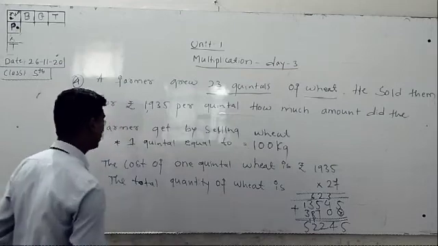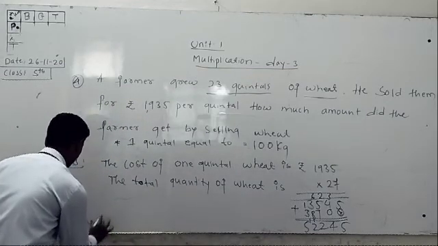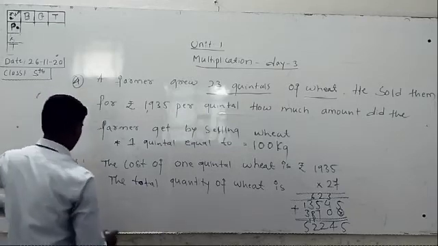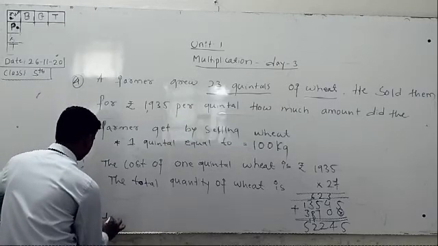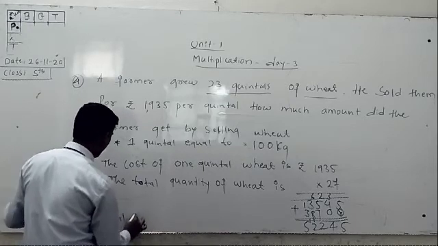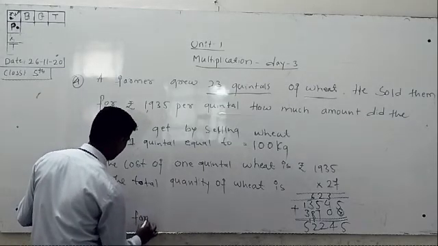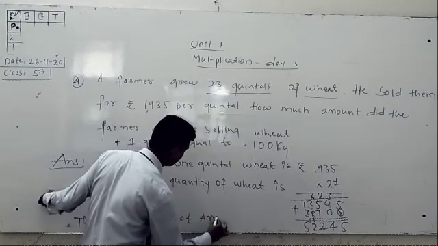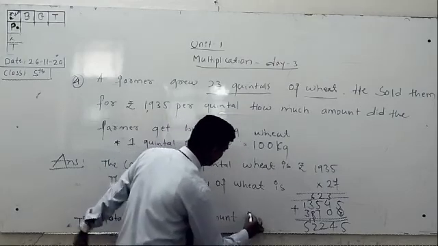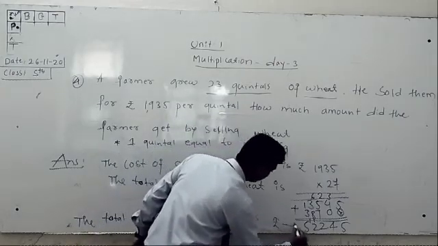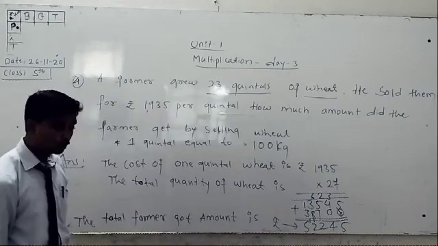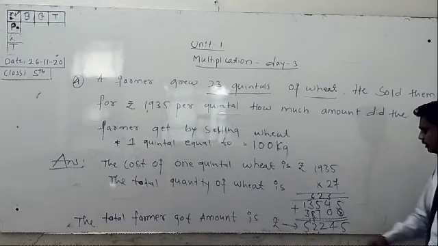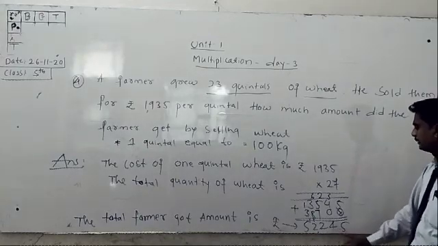The total amount the farmer got is rupees 44,505.